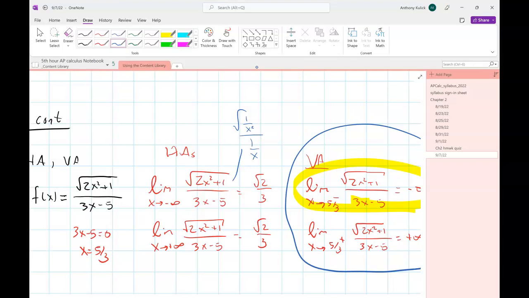What if the degrees are different? It can still work just fine. Because if the degree is the same, with the shortcut and the leading coefficients, or if it's different, it depends on which degree is bigger. If the degree of the numerator is less than the degree of the denominator, everything's going to work fine.